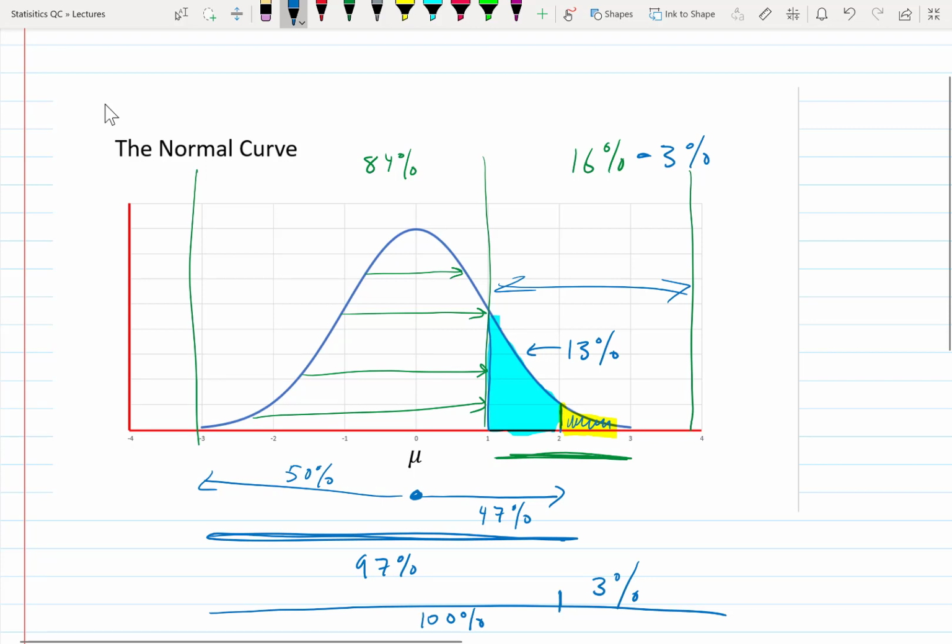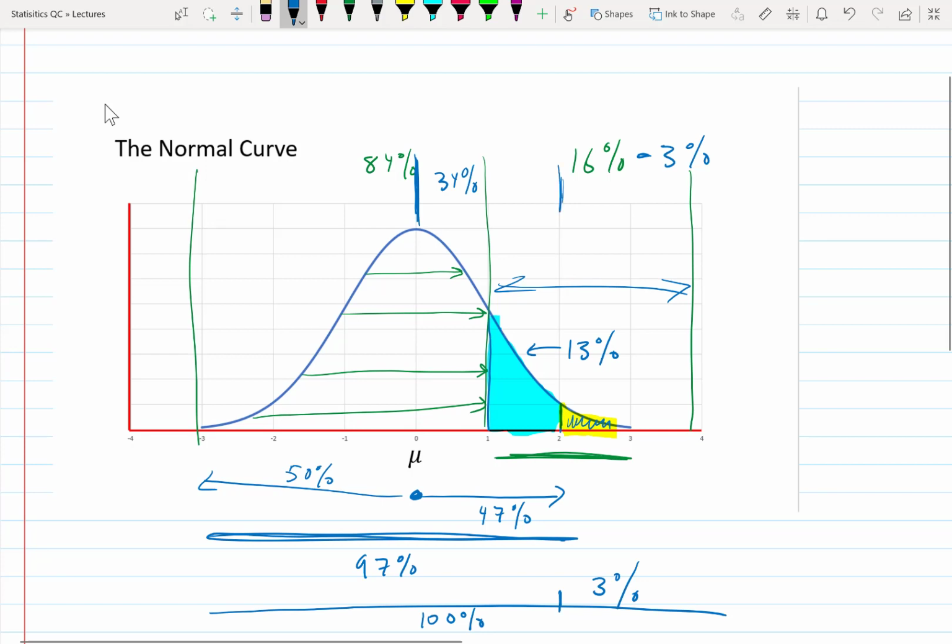You just have to understand a couple of key things. You have to understand that 50% of the distribution is below the mean, 50% is above the mean. You have to understand that, of course, the normal distribution is symmetrical. And then you have to just know what these basic distances are. That is going to be 34% from the mean.